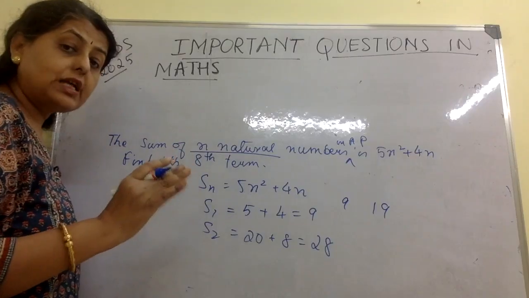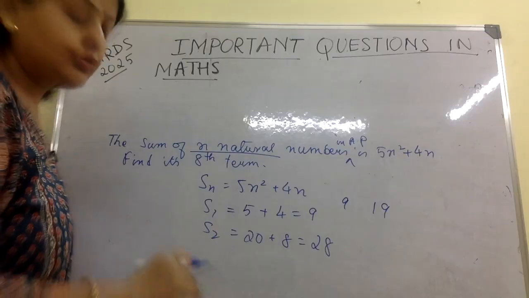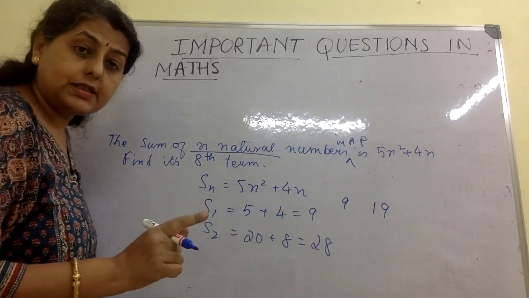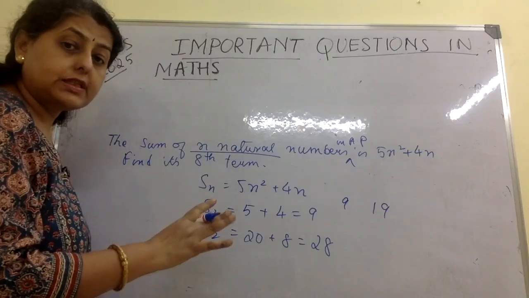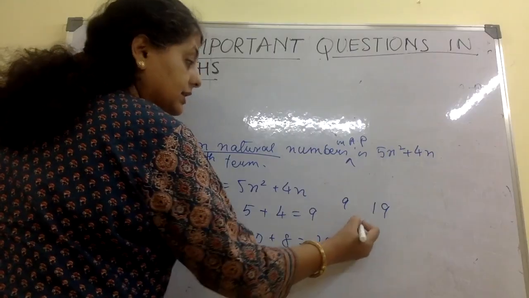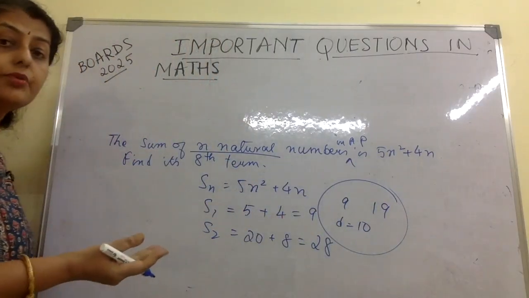Now you should remember one thing: on subtracting this from this, we don't get the common difference here. In Tn we get the common difference. Here we don't. Here this is the first term, this is the second term. Now the common difference D is equal to 10. That is important.